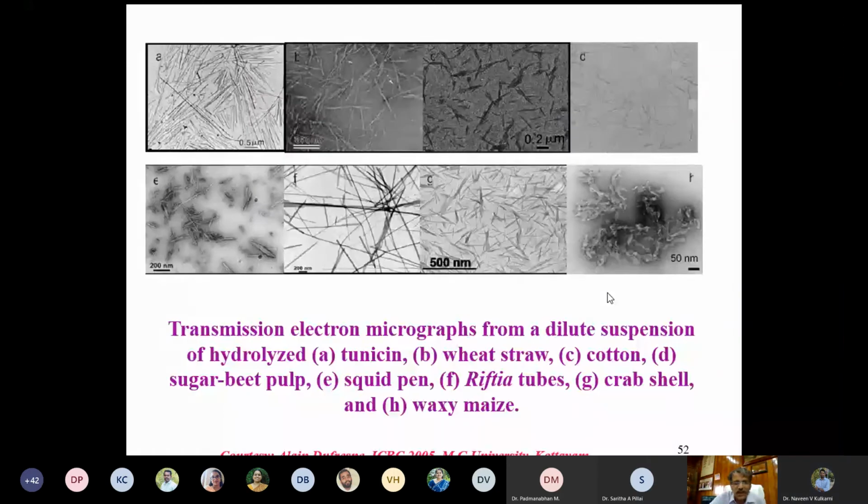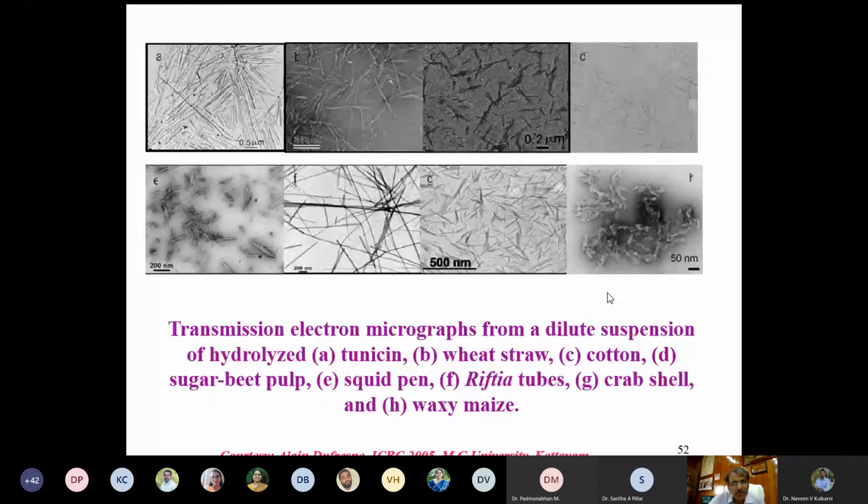If you look at my next slide, you can see this is a slide I borrowed from Alain Dufresne from France, my great collaborator. He's probably number 1 in the world in the area of bio nanocomposites. So Professor Dufresne has derived nanomaterials from different biological sources. Wheat straw, cotton, waxy maize, crab shell.